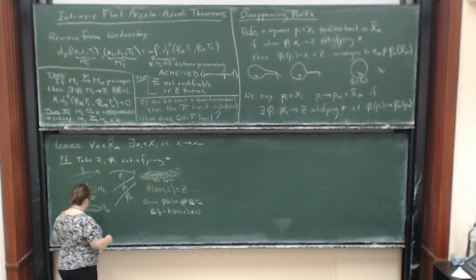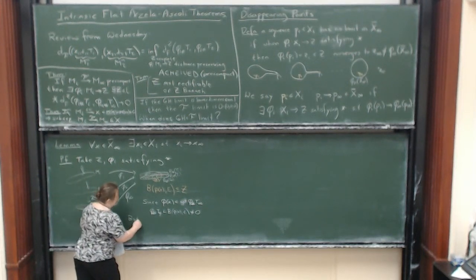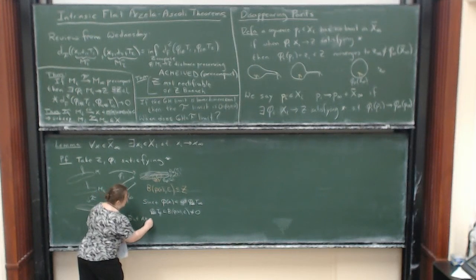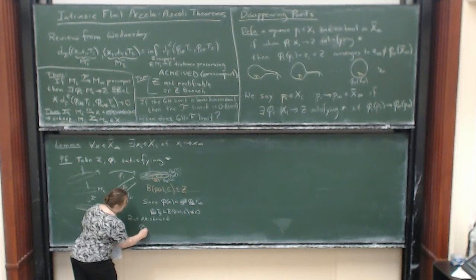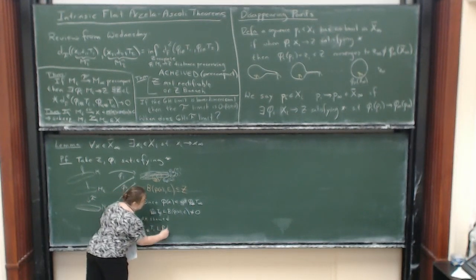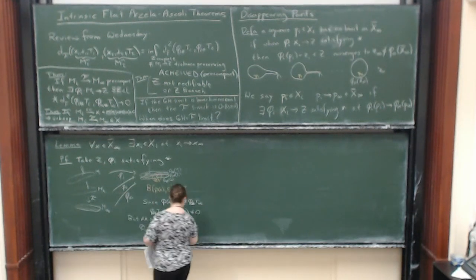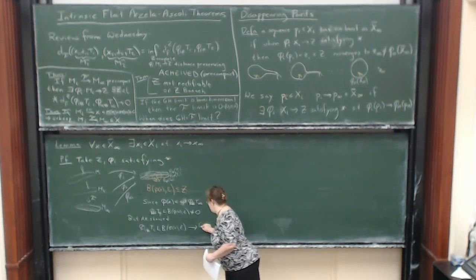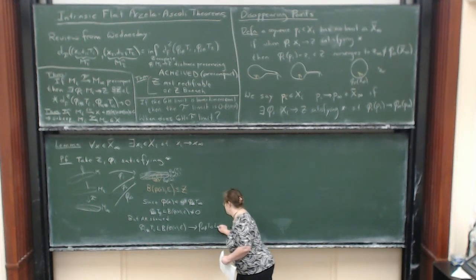But then Ambrosio-Kirchheim showed that phi_i number T_i restricted to the same ball converges to phi infinity number T infinity restricted to the ball.